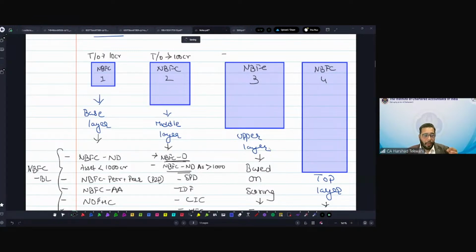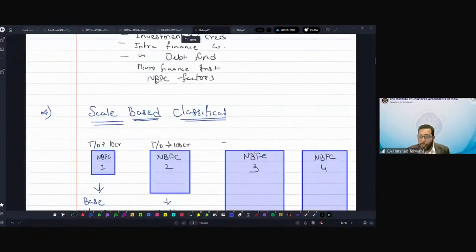Okay. Now, once I do this classification, then the requirements come, the requirements for your NOF and everything, because each and every scale has different requirements, and each and every activity has different requirements.